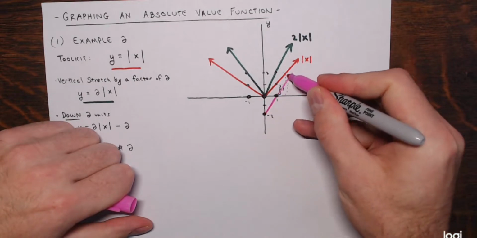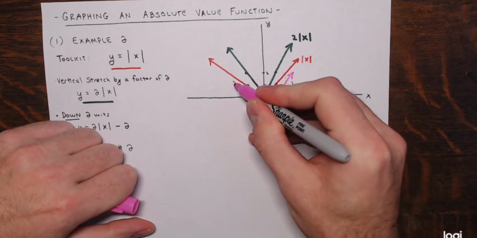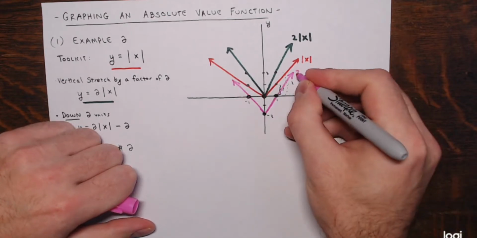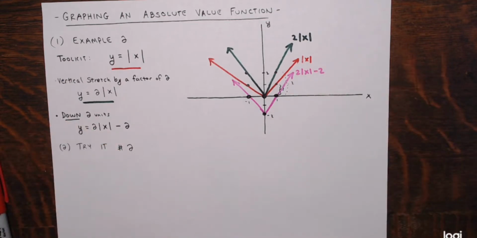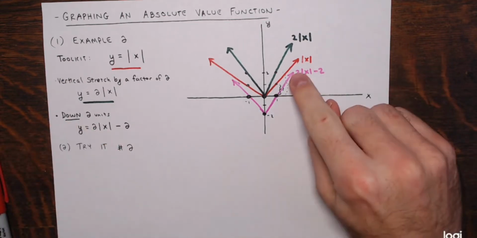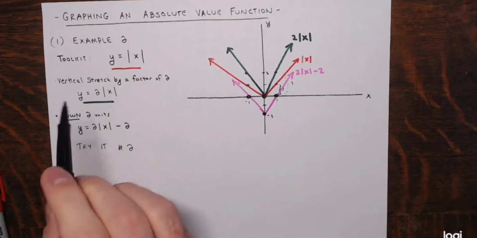And bear with me here, this is going to get pretty cluttered. I'm eventually going to go to the Desmos website and make better looking graphs. Now we're here on this pink graph, and I'm done with the verticals.